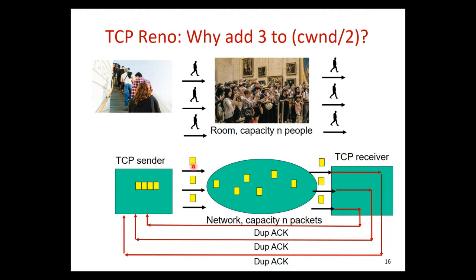Okay, so add 3. Now, how does that translate in terms of the sender window? Essentially, add 3 plus 3 segments to the sender window. So that is essentially an intuitive explanation of why add 3.